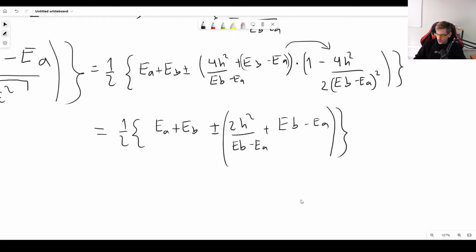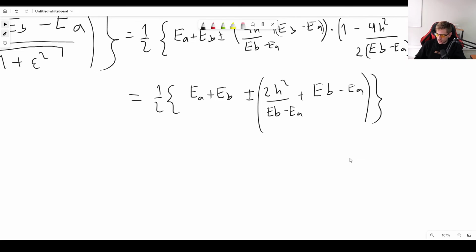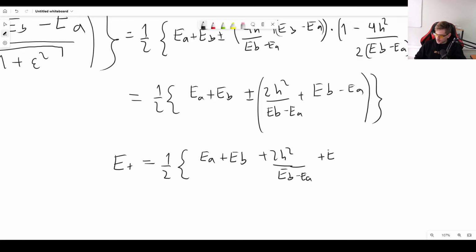So now we have 2 cases that we have to consider. So E plus, in which case we get 1/2 and the plus sign. So we get EA plus EB plus 2h squared over EB minus EA, and then plus EB minus EA.